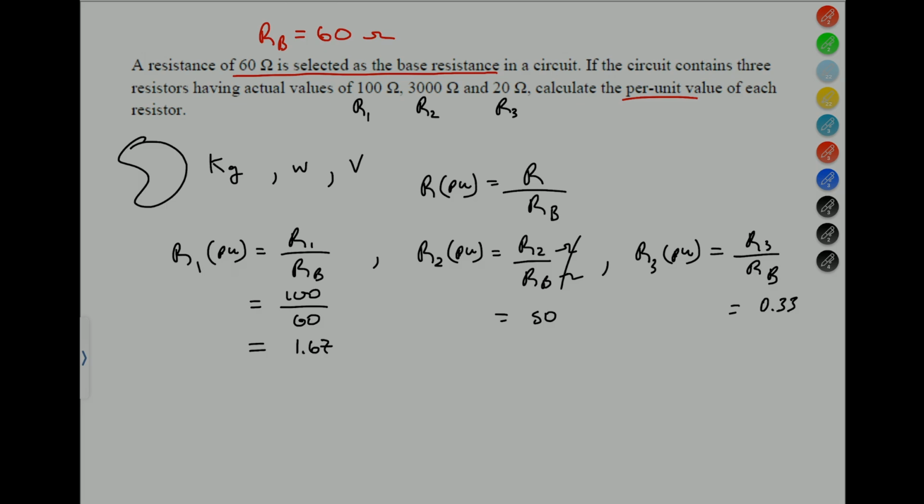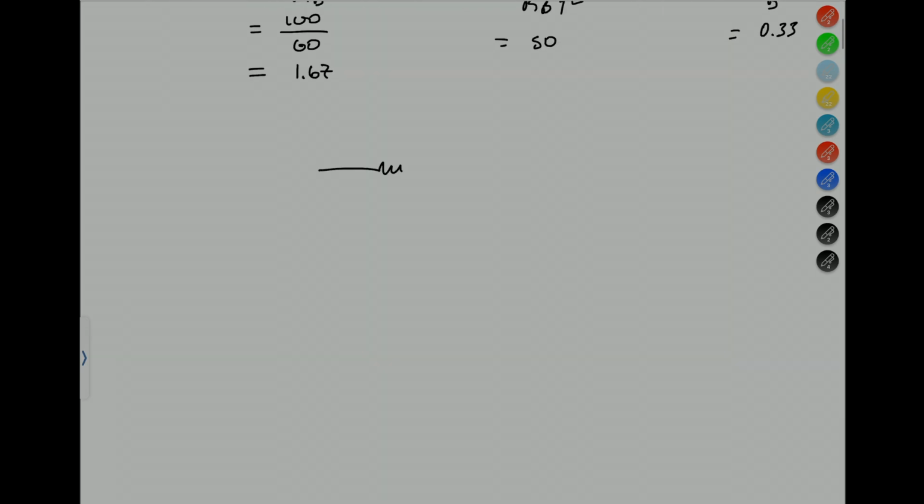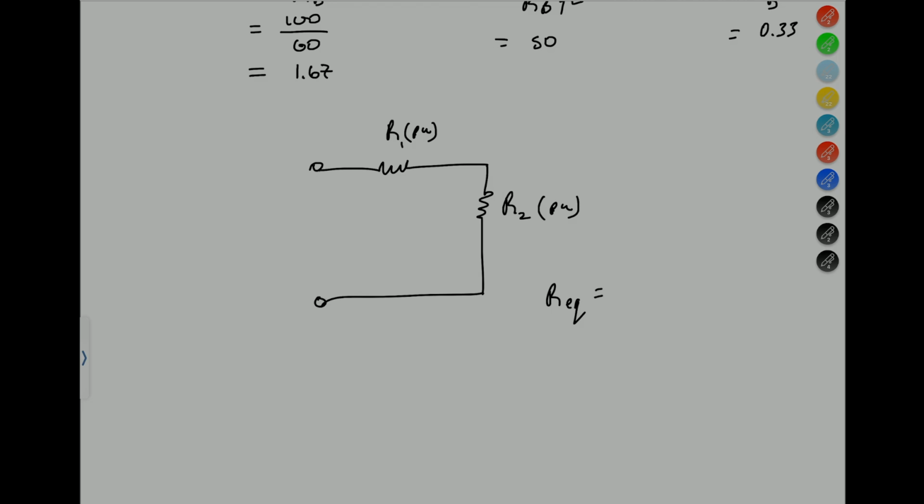So for instance, say we had a circuit, and these are given as per unit. If we are asked to combine R1 and R2, that gives us our equivalent equal to R1 plus R2, and that equivalent would be in per unit.